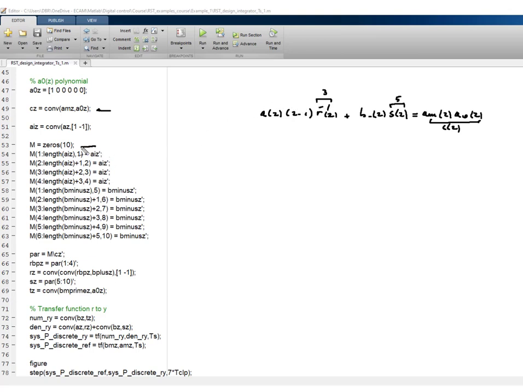We have to initialize M as follows, right? So now we have again to construct this Sylvester matrix, and for that we're going to use this polynomial AI(Z). It's simply A(Z) times Z minus 1 and it's computed over here.